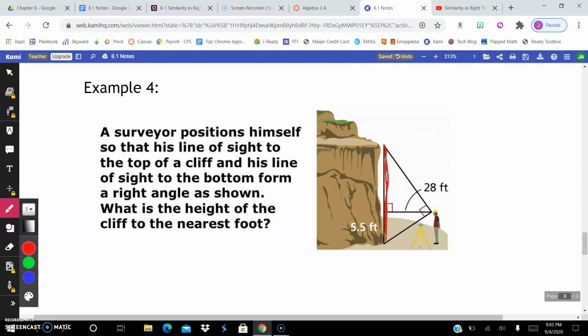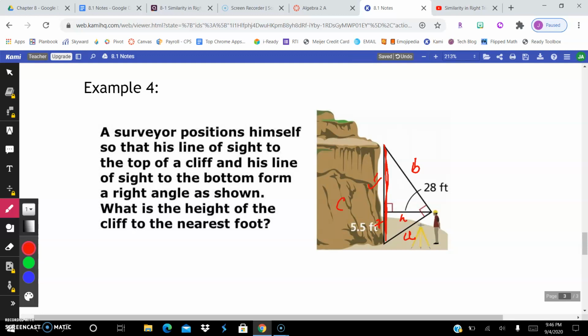If I use this diagram and compare it to the picture from the example up above, this would be our letter B. This side here would be our letter A. This whole side over here would be C, that whole hypotenuse. This longer piece would be a Y, and this shorter piece would be an X. And then the altitude would be our H.